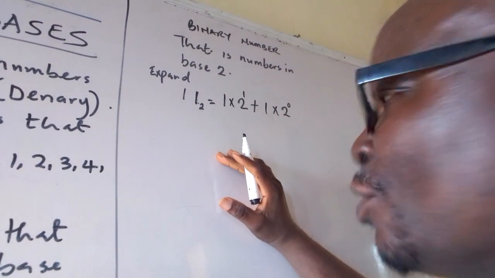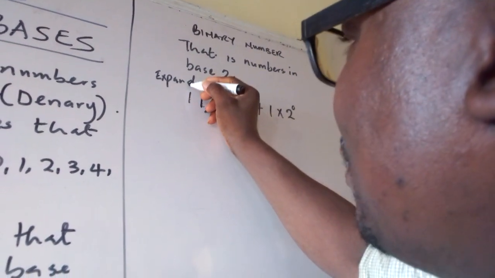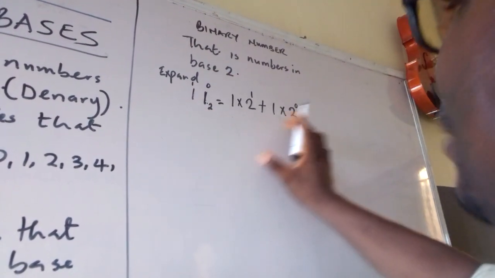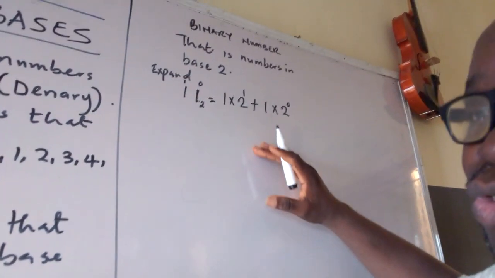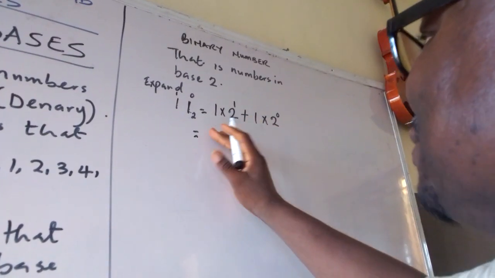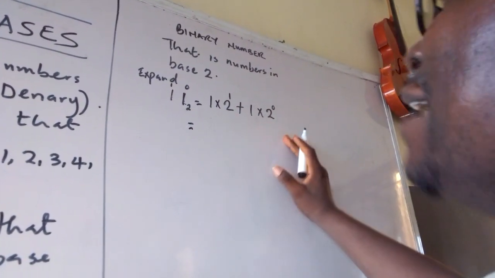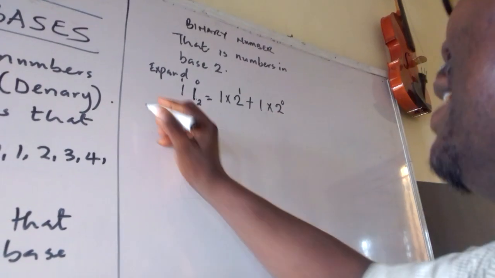Some students put 0 here, 1 here before they start, so that it helps them know the indexes to use when solving. If they said expand this, I can leave my answer like this. That means I've expanded.